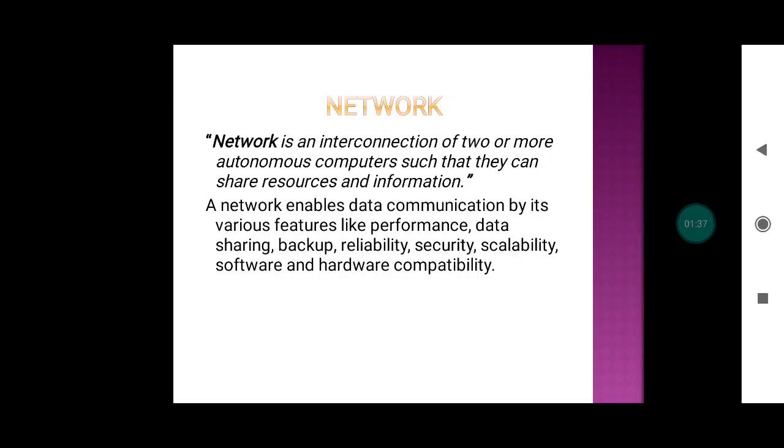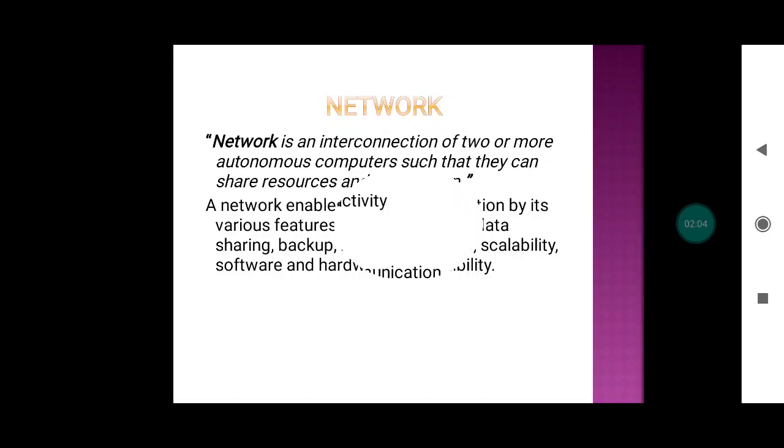Because it provides us the flexibility and feasibility of accessing multiple channels and media through which we can link our devices and share information as well as resources, so that each user can utilize the benefit of the resources of multiple other devices or computers.